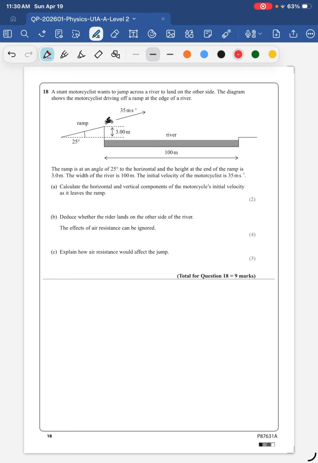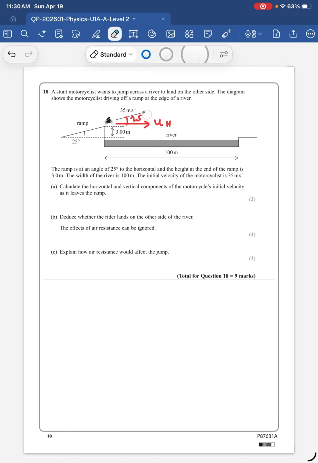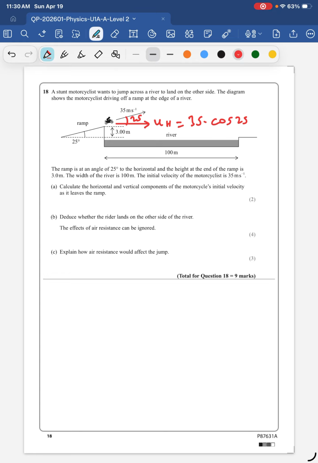Okay, so you have to analyze the velocity vector. So this angle is 25. Okay, so this is the horizontal component. So U horizontal is equal to U, so 35 times the cosine of 25.